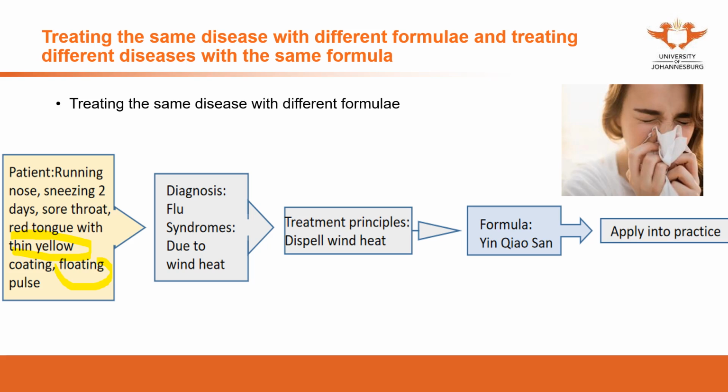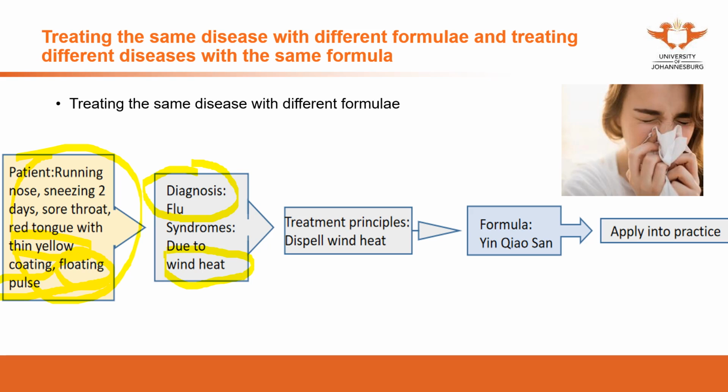Some of these, for example, the floating pulse, you might not understand what that means. In future, you will learn all of these. From this group of symptoms and signs, we can diagnose that the patient suffers from flu due to wind heat.